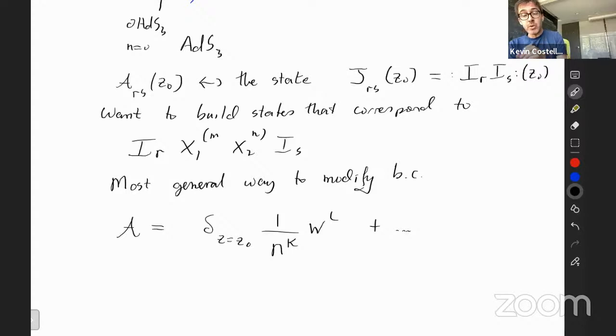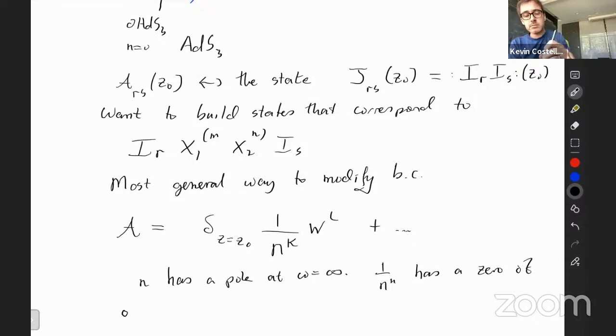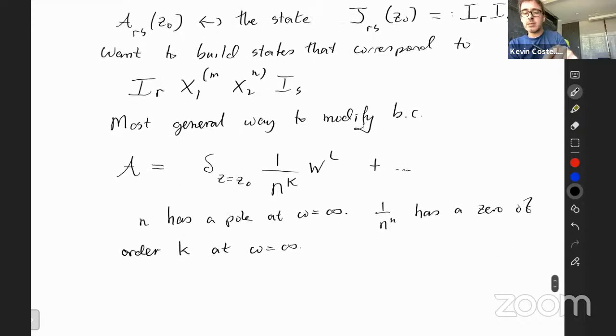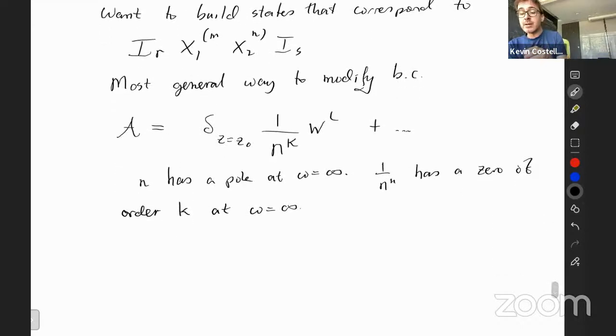Well, I can have an arbitrary pole in n, but we know that n has a pole at w equals infinity, which means 1 over n to the K has a zero of order K. Having a pole in the w plane would be bad because it would prevent my field configuration from satisfying the equations of motion.